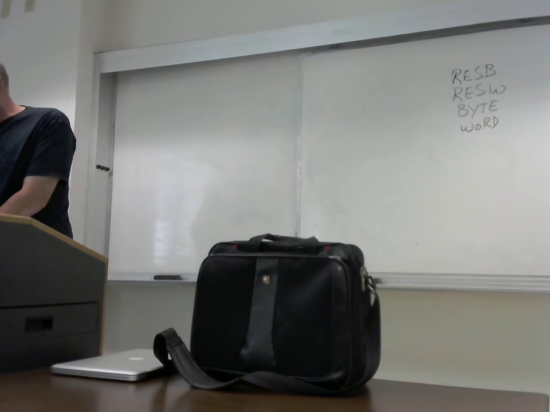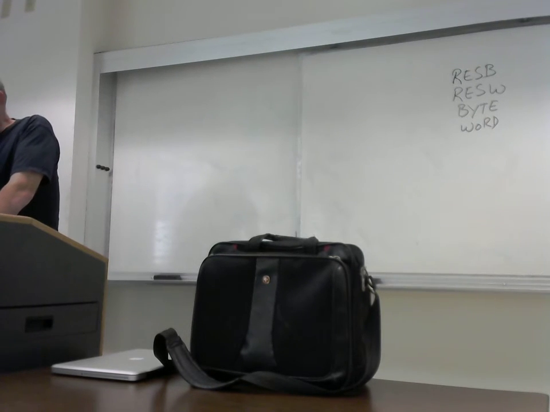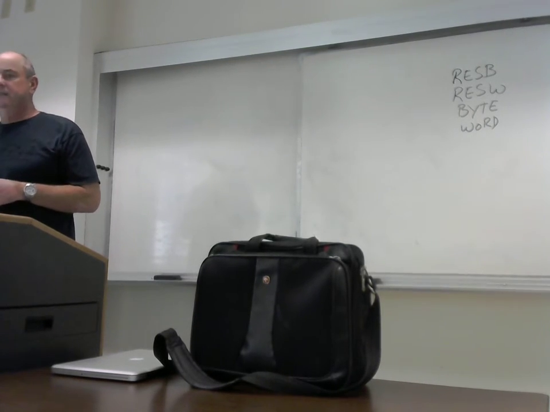Line 22, alpha, reserved word 100. Note that this is in lowercase, and this is just to show you that it's not case sensitive, it doesn't matter. So somebody tell me the address of beta.